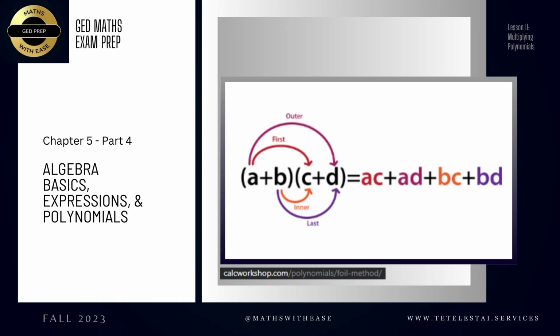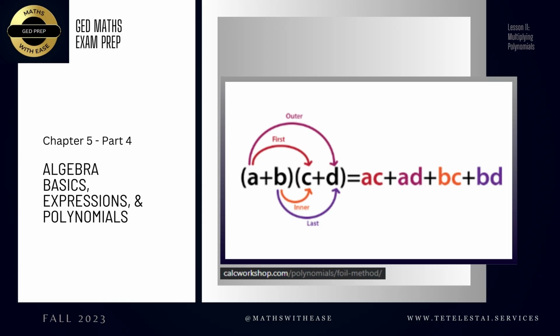Let's say that you're asked to multiply A plus B times C plus D, okay? So applying the FOIL method, F in FOIL stands for first, the O stands for outer, the I stands for inner, and L stands for last, right? You simply start with your first terms within both brackets.